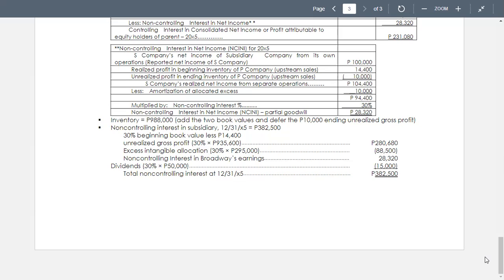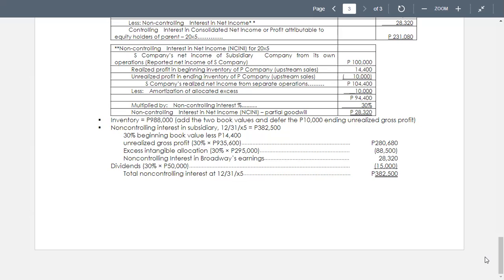Sales from subsidiary Salad to parent. Salad, 342,000 times 20 over 120, or 57,000. And upstream sales from subsidiary Tuna to parent, 345,000 times 25 over 125.